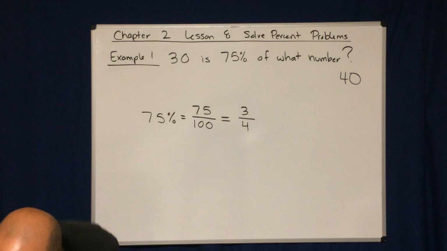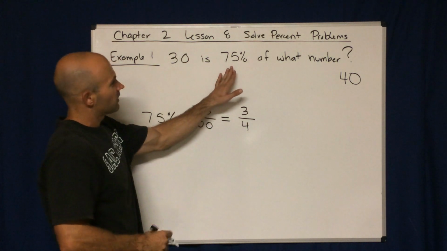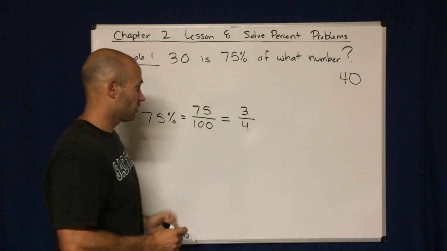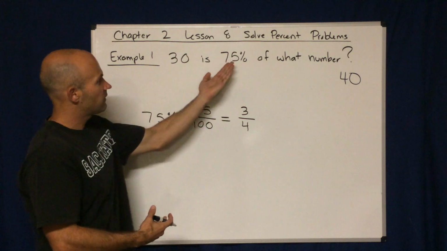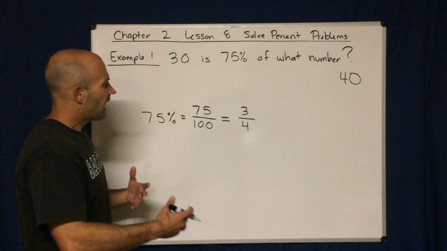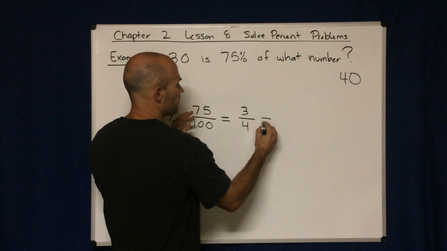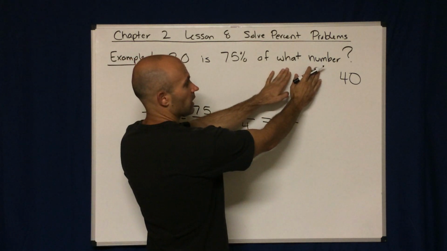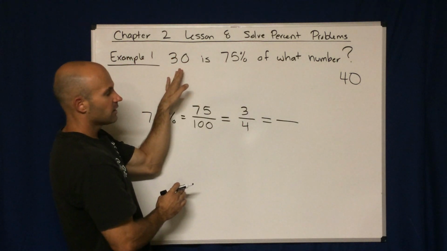I like this second method a bit better because it works not just on nice percents like 25%, 50%, and 75%, but for other percents as well. You're thinking of this 75% as this fraction. The way to use this fraction is to think: I'm taking 3/4 of some number, and I'm not sure which one, and I'm getting 30 out of that.